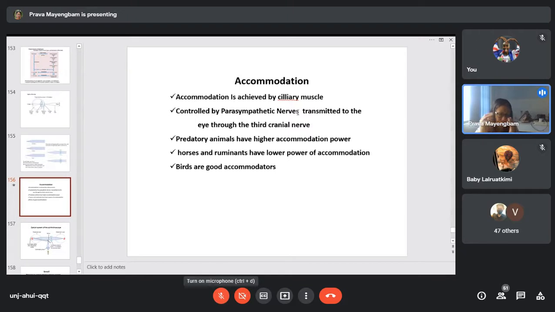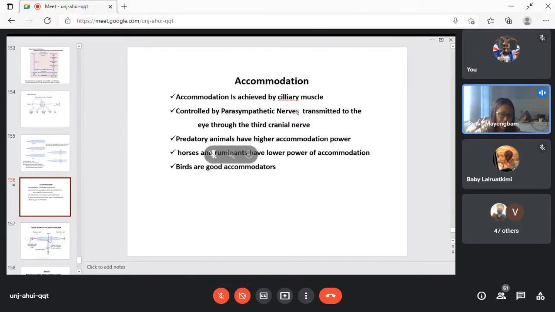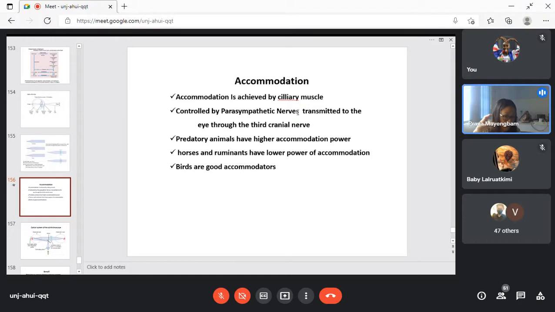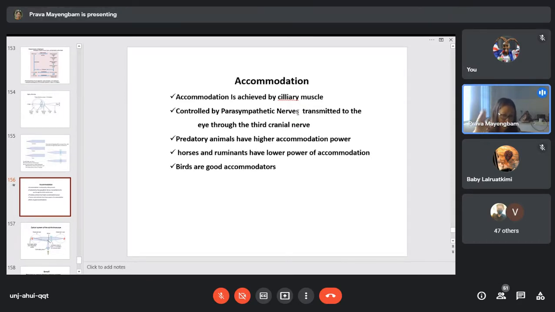Something like a bird is flying constantly and it has prey on the ground, and it is targeting to pick up that prey. Now this bird has to use its accommodation power to focus only onto that prey.